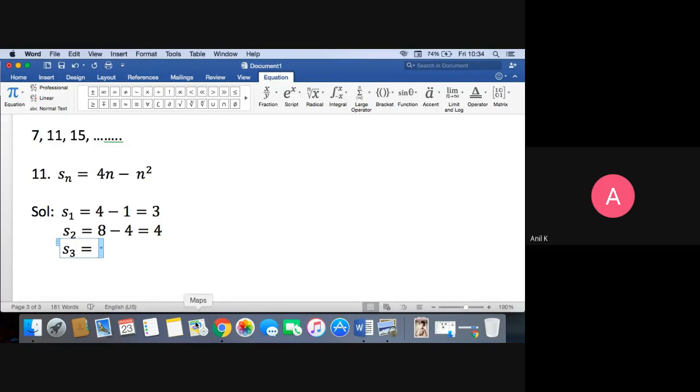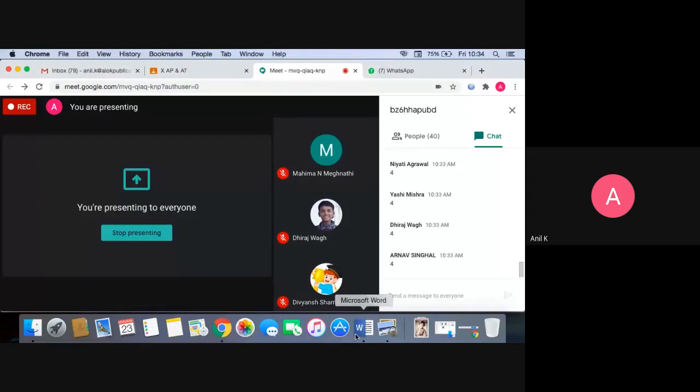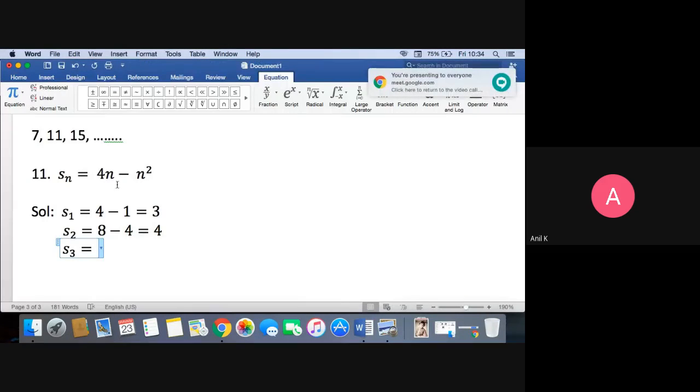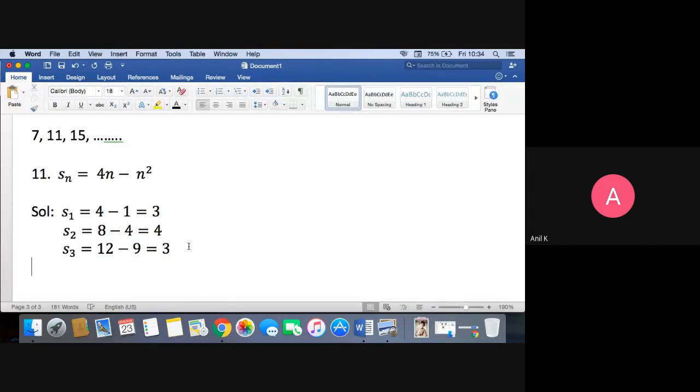Can you tell me what is the S3 value? Let me see if anybody has given the answer. Yeah, for S2 they have given. S3 value is 3 4s are 12 minus 3 square is 9, which is 12 minus 9, again 3. Okay, let me find one more number.